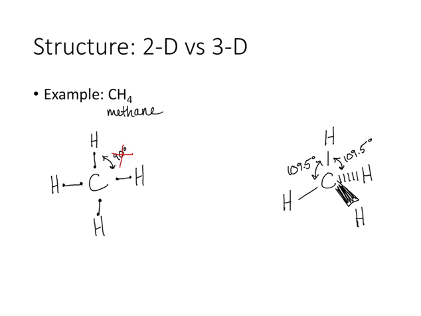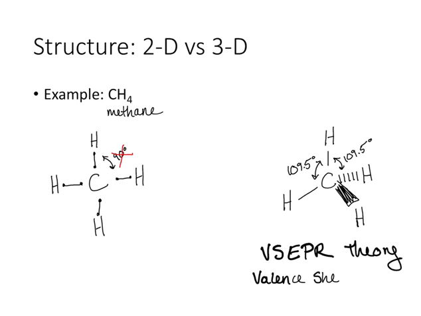Now, this brings us to VSEPR theory, which you might remember from Gen Chem. And VSEPR is an acronym that stands for valence shell electron pair repulsion.